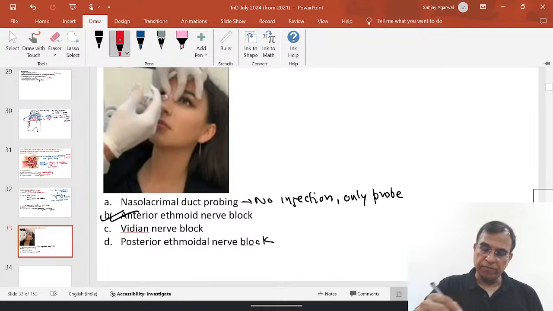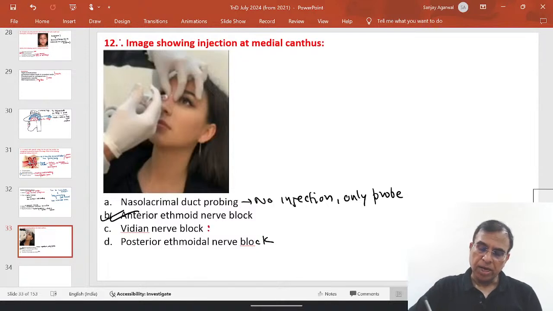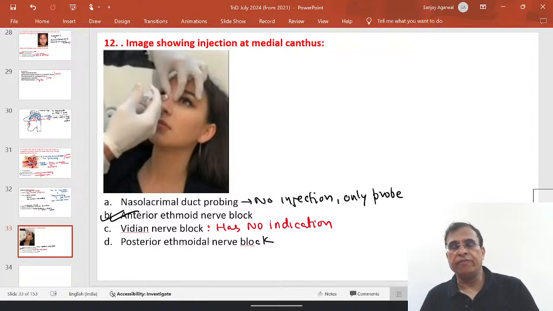Median neurectomy, median nerve block has no indication. We don't block the median nerve.